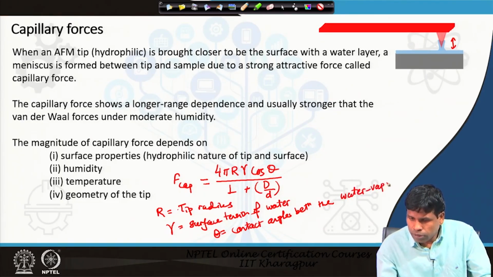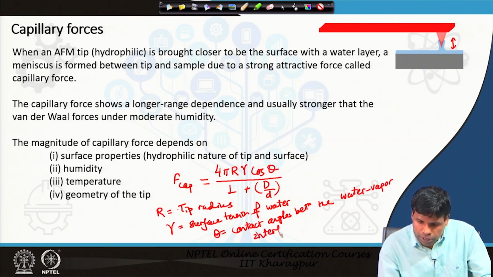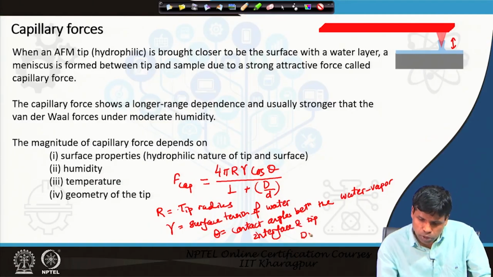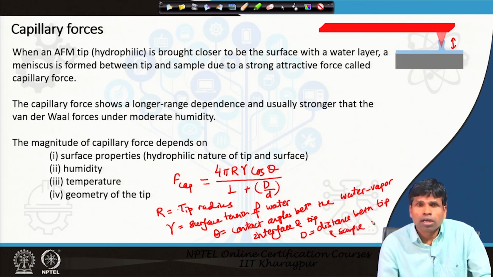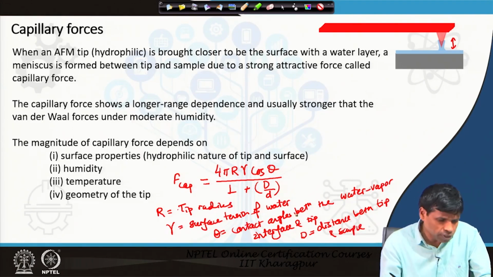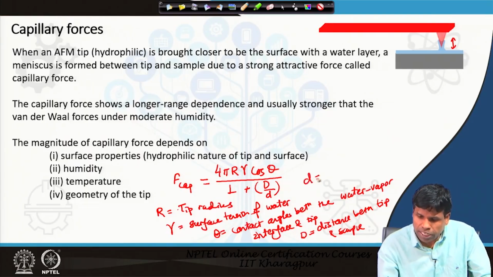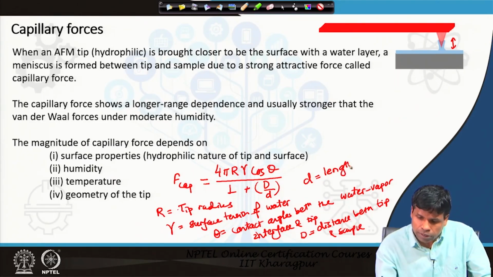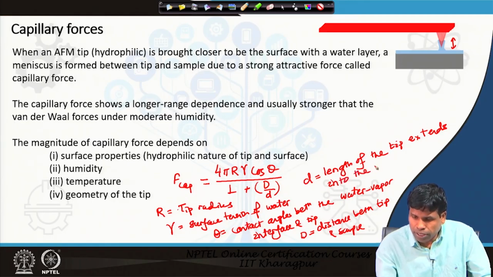D is the distance between tip and sample, and small d is the length of the tip that extends into the water bridge.